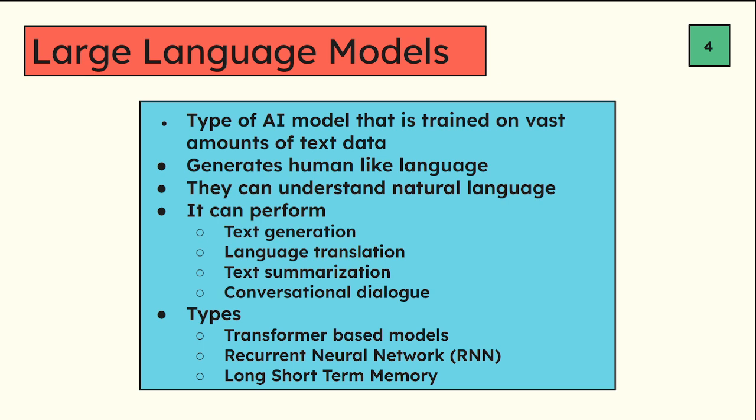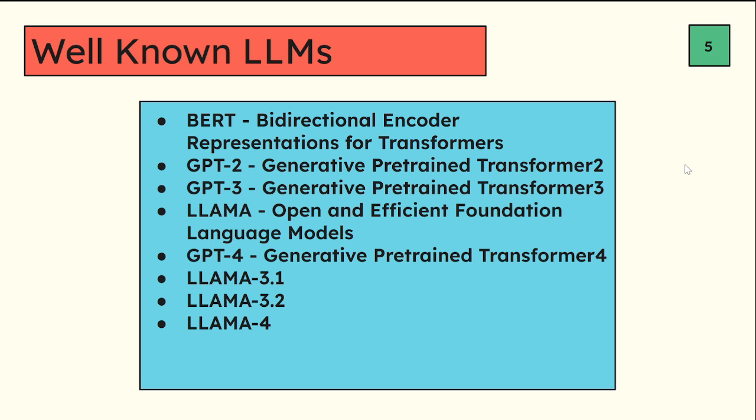There are multiple types of large language models: transformer based models, recurrent neural network models, then long short term memory models. The most popular one and the recent one is basically the transformer based models. There are several well known LLMs. BERT is one, bidirectional encoder representations for transformers. This is basically a large language model developed by Google.